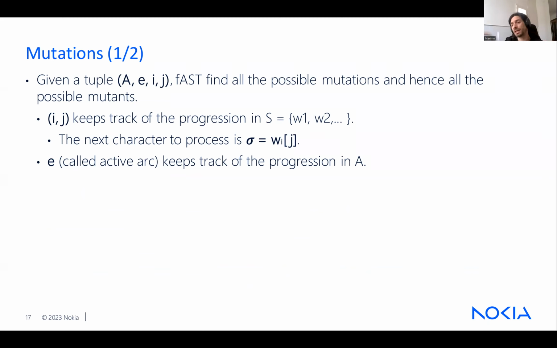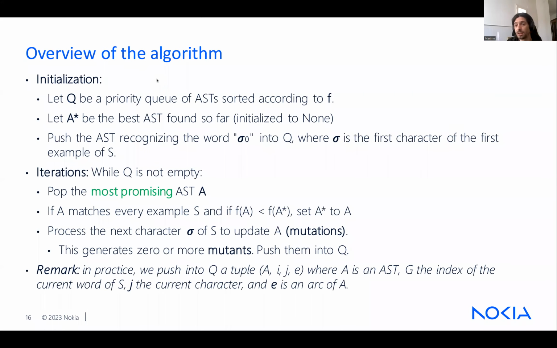It means we recognize the first I examples, and the I-th one only till the J-th character. So a solution is built to recognize that many characters, but not more. And they grow incrementally. The solution will consume a character and evolve to create new solutions, which will be different ASTs and which will also increment the values of I and J accordingly.